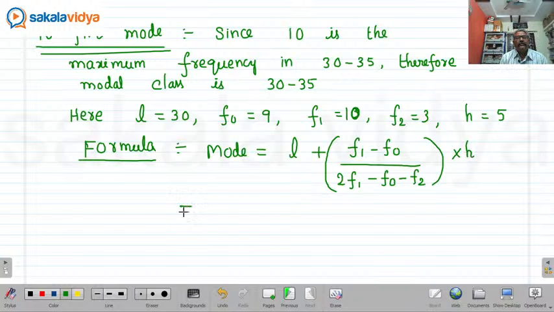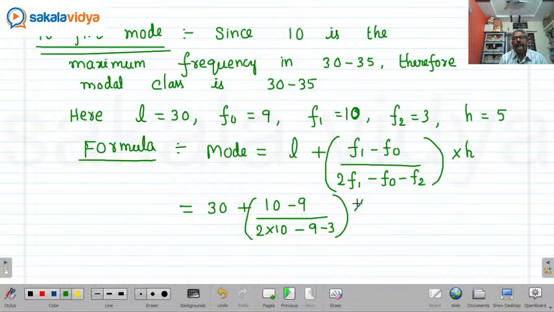So this equals L is 30 plus F1 is 10, F0 is 9, upon 2 times F1, 2 times 10, am I correct? Minus F0 is 9, minus F2 is 3, times, you need to multiply with 5.